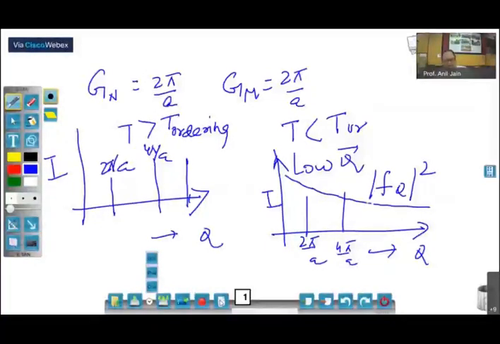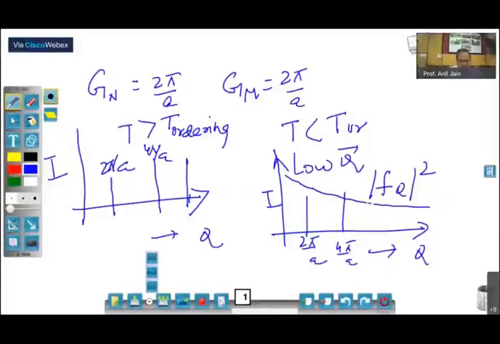So if you do the experiment below the magnetic ordering temperature, then what you get is an enhancement in the intensity of your nuclear reflection, but this enhancement occurs only for the reflections at low Q, because at higher Q, due to the form factor, your intensity is reduced.